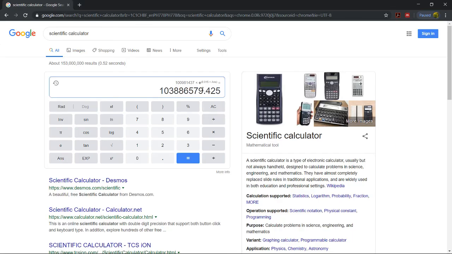So our final answer, if you'd be considering all our data points, would be 103,886,580 because we would be rounding up. Remember the last step. If you're looking for a population size, you always round it up.